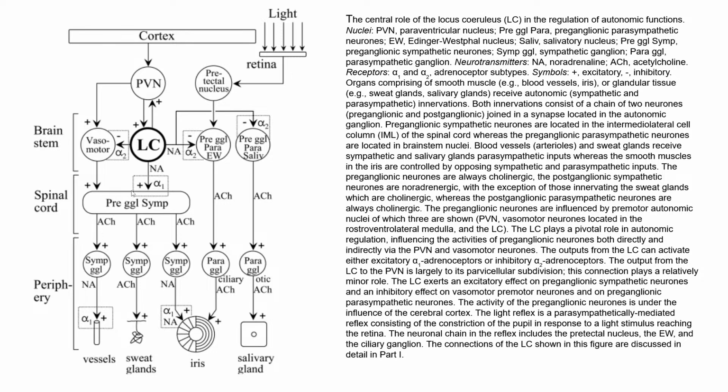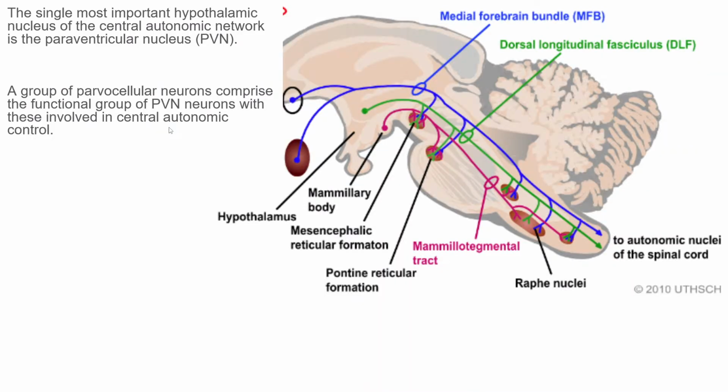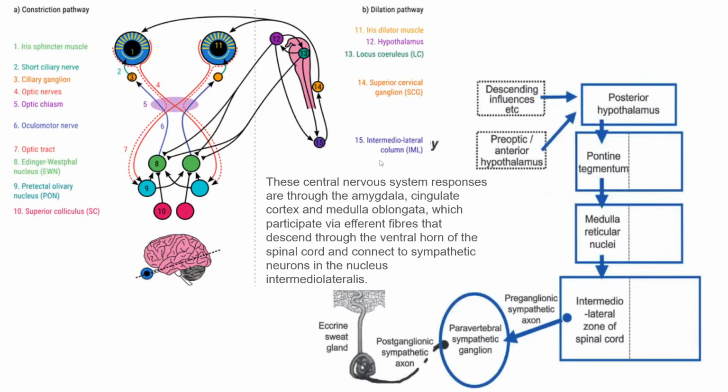So those pathways are both sympathetic pathways, but on the suprasegmental level, before entering the spinal cord, they have different inputs from different parts of the central autonomic networks. I'm not going into what they are, but the main idea is to say that they are different.